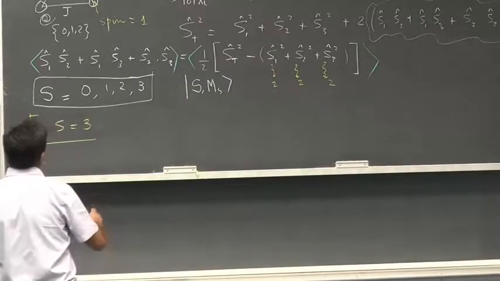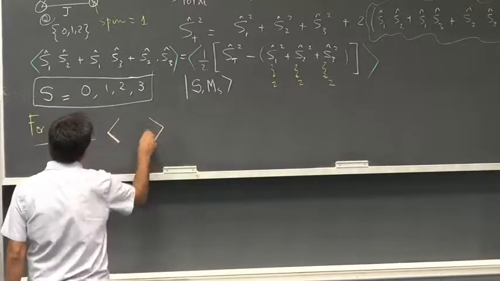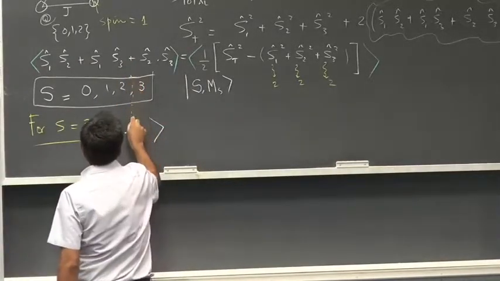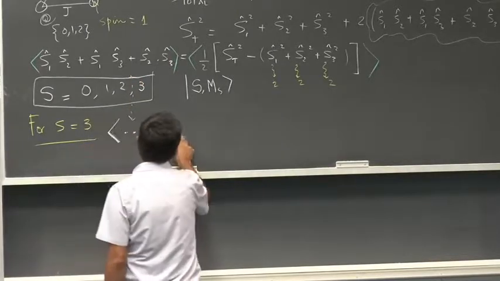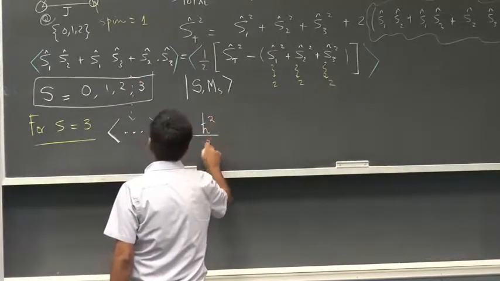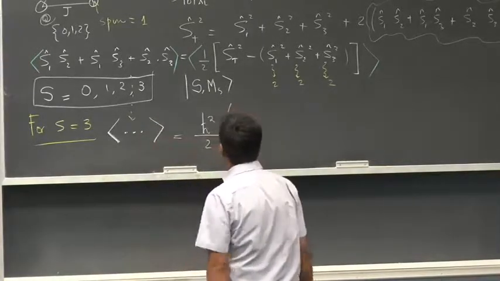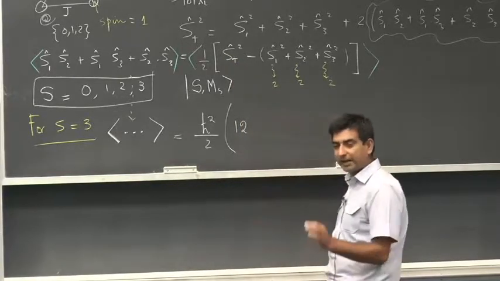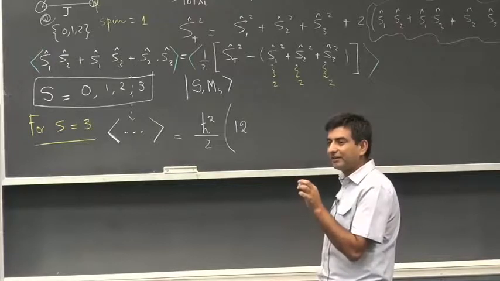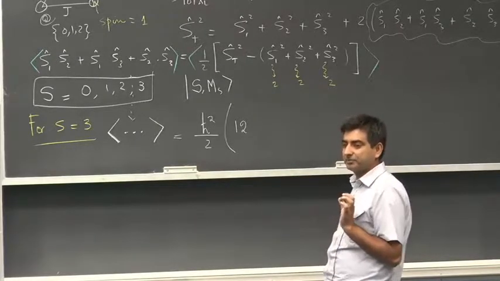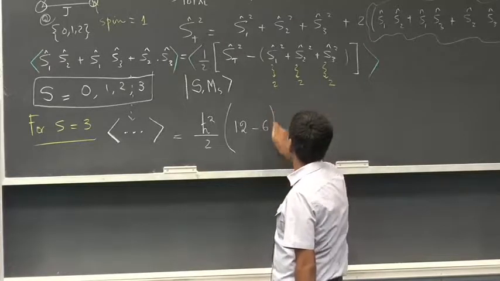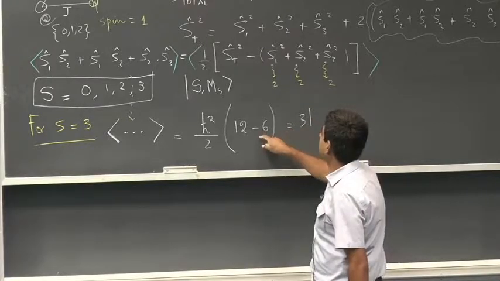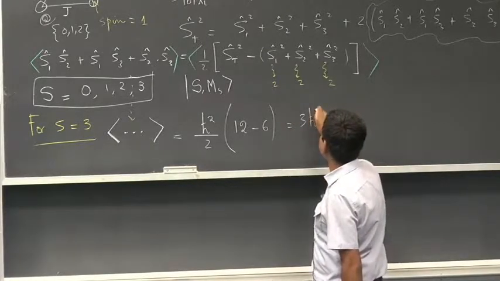The expectation value of this term over here is going to be h bar squared over 2. Now S is 3, so instead of this I write 3 into 4, which is 12, because the eigenvalues of S squared are S into S plus 1 h bar squared. 12 minus 6, so this is 3 h bar squared.